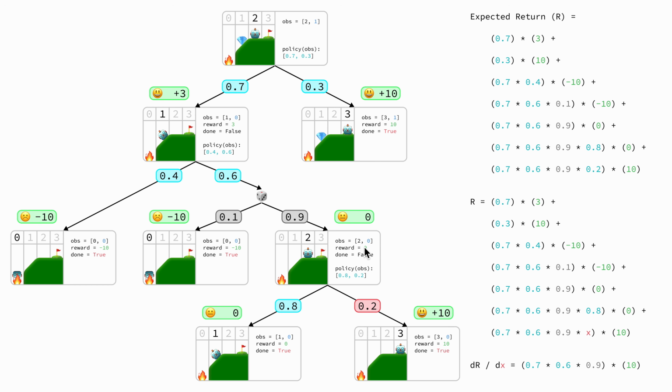However, the probability that we'll actually end up in this node is 0.7 times 0.6 times 0.9. So once we're in this node, increasing this action will increase the expected return by this much, but we'll only end up in this node with a probability of 0.7 times 0.6 times 0.9. So we multiply those together, the probability of ending up in that node, and how much the expected return from that node onward will be increased by changing this action. And that will be the expected return after taking that action.